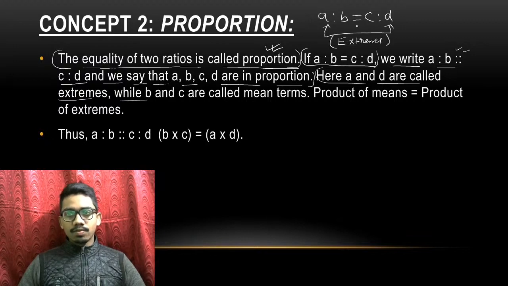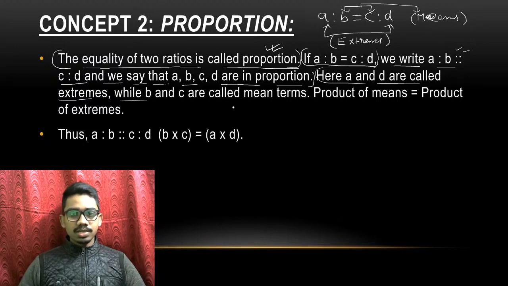Clear? And what are B and C called? B and C are called mean. So A and D are called extremes and B and C are called mean terms. So they are mean terms and these are extreme terms.